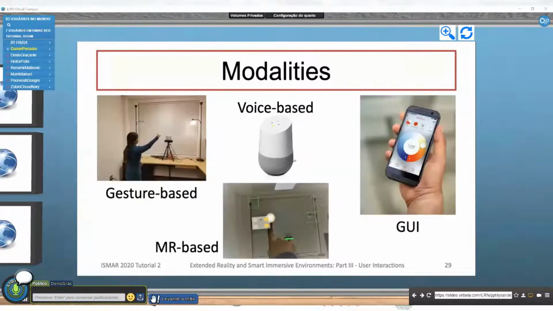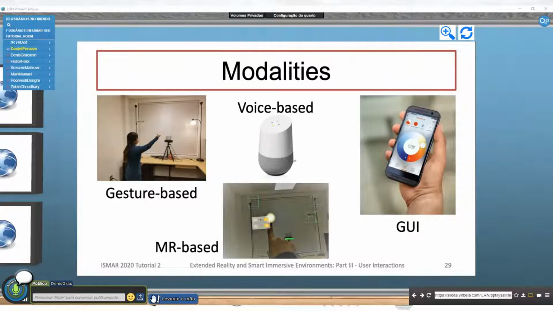When we are looking at those modalities, gesture-based means that we have a body tracking system that can detect gestures. A user does not need any physical device, and feedback is needed because we are controlling lights. Voice-based means that we are using a device such as Google Home to recognize our voice and then send the corresponding commands to lights.